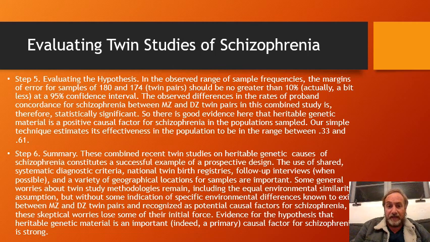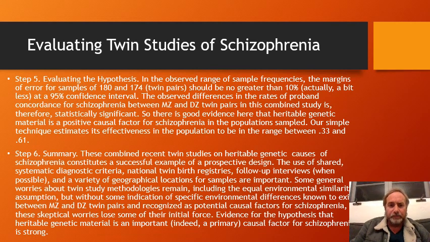And we can even do a quick test of the effectiveness in the population, and it'll come out between 0.33 and 0.61. This lecture is going to take so long that I'm not going to pause to do the math for you. You can discuss in section how you come to that effectiveness.